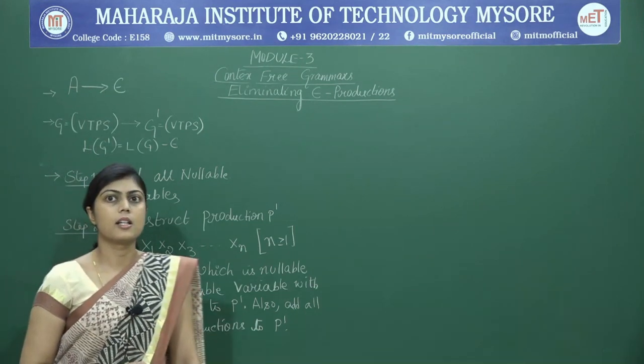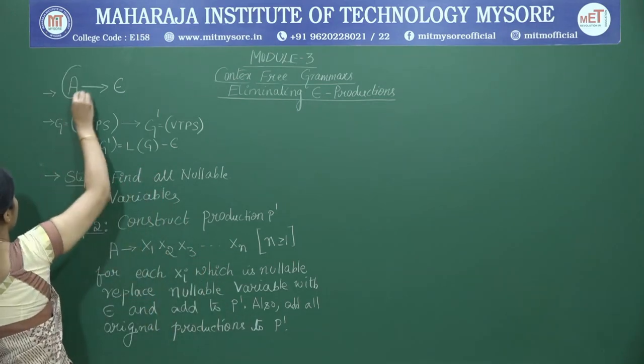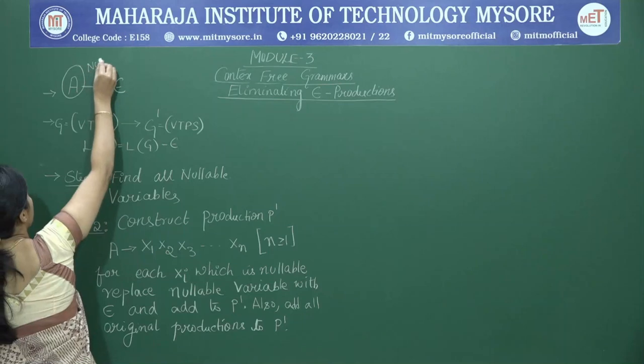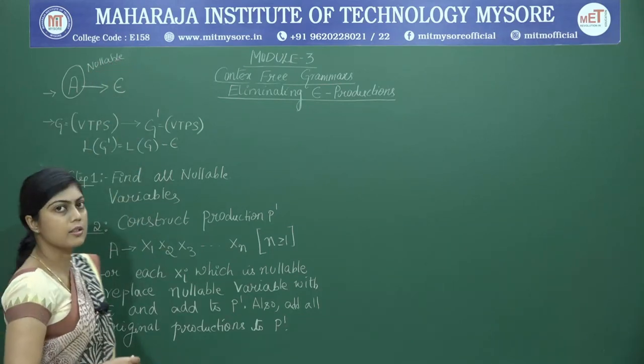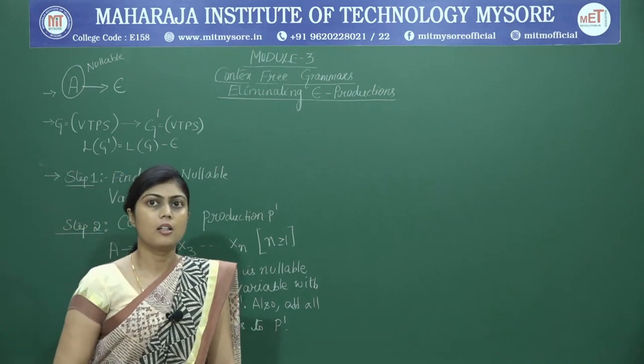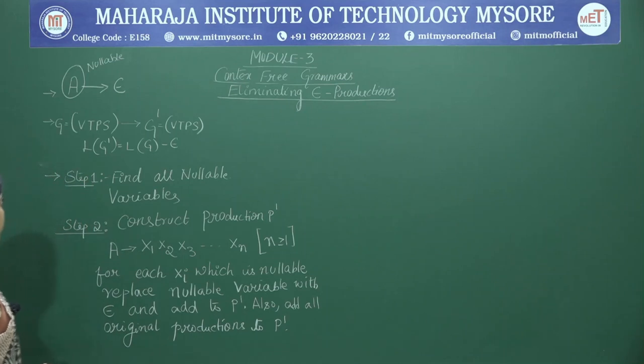This is an epsilon production, and here the variable A is called a nullable variable, nullable because it is not generating a valid symbol.